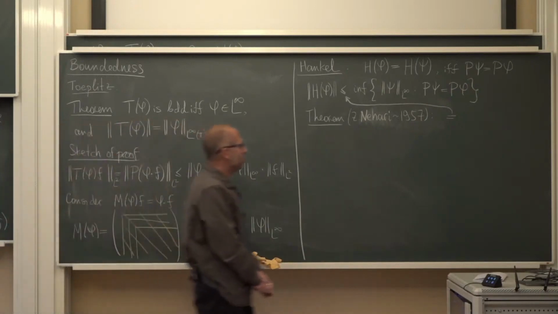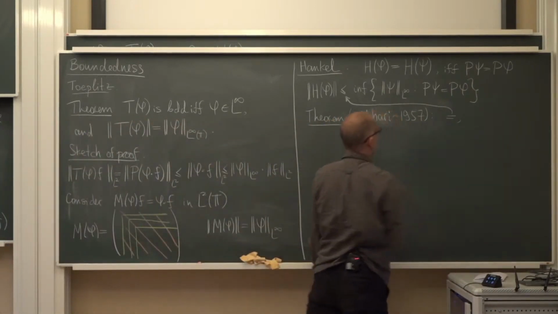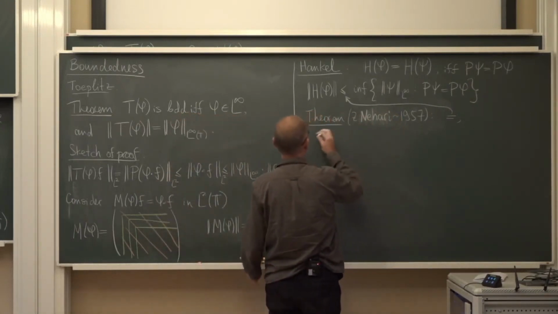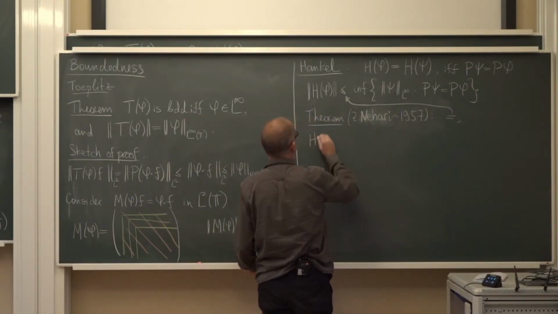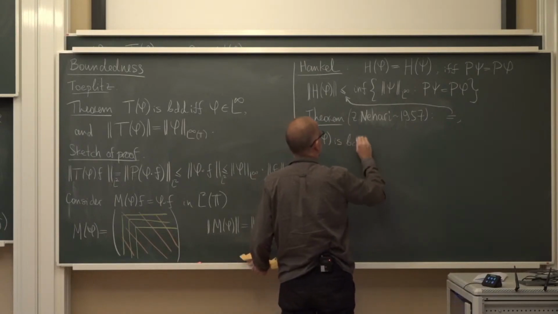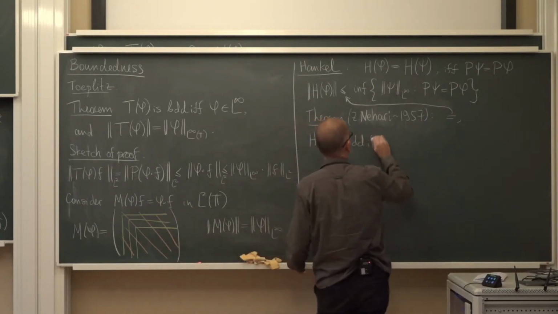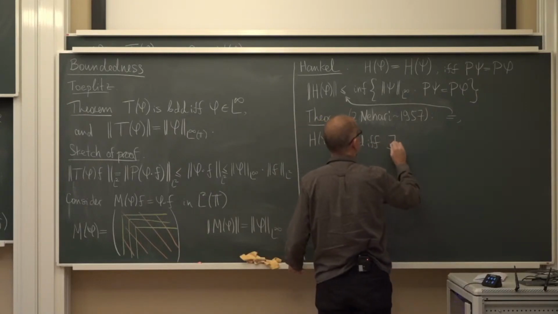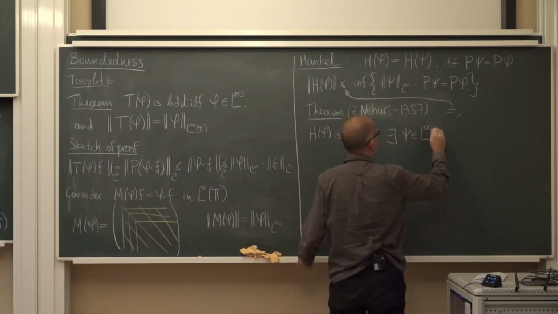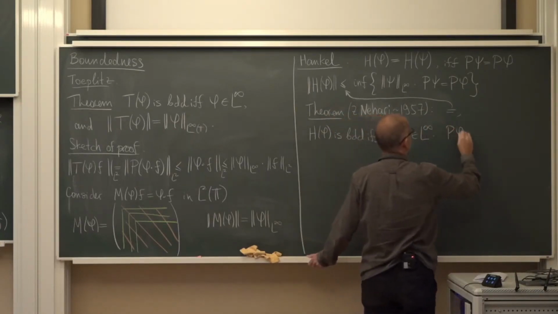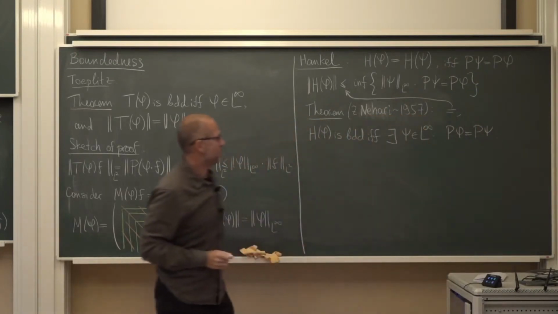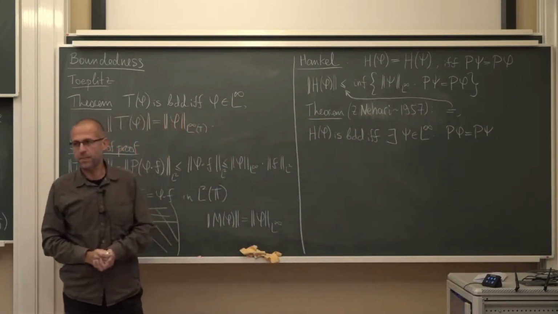And of course, there is the corresponding statement of boundedness, which says that H of phi is bounded if and only if there exists a bounded symbol psi whose analytic part is the same as phi, the one we started from.